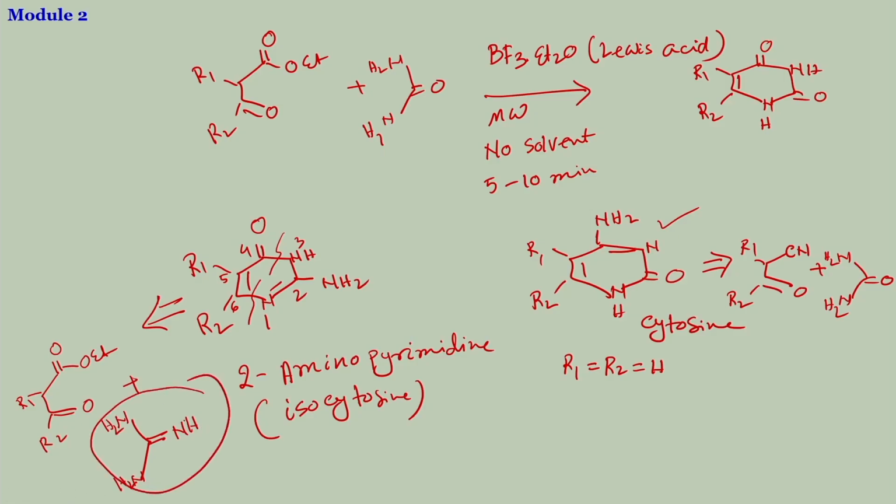Urea had one oxygen here. In this case, because you have to bring the NH2, you will have the NH moiety here. This is known as guanidine. So a fusion of guanidine with the beta ketoester will give you the 2-amino pyrimidine that we have discussed already in the last lecture.